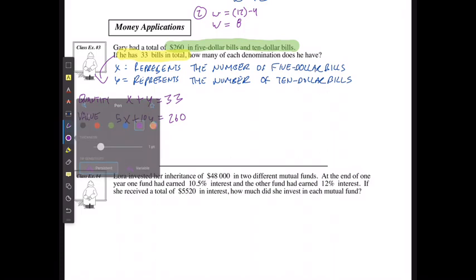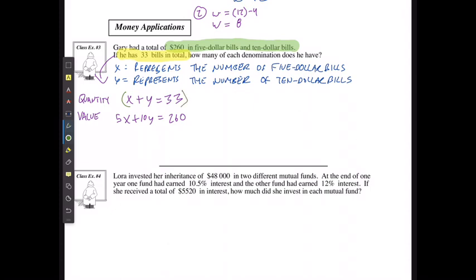In this case, I'm going to solve it using elimination. In order to make the second set match, I'm going to eliminate the x's by multiplying the entire first equation by 5 and say that 5x plus 5y is going to equal 33 times 5, or 165.